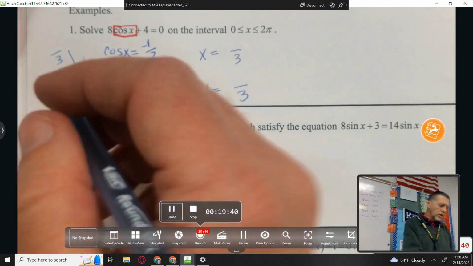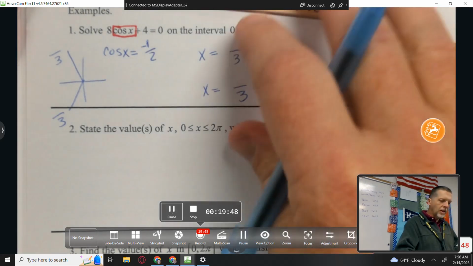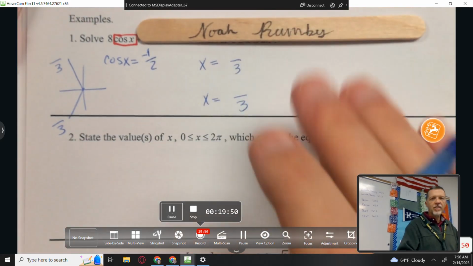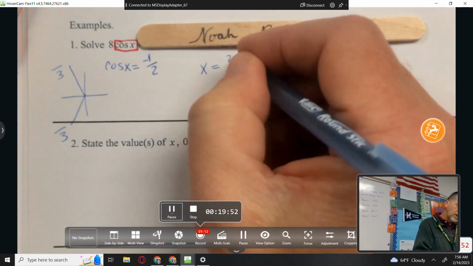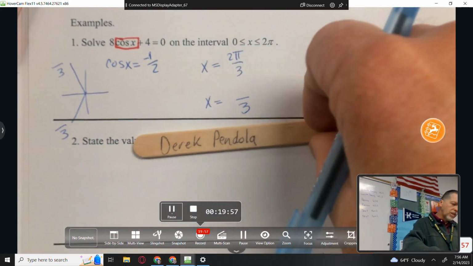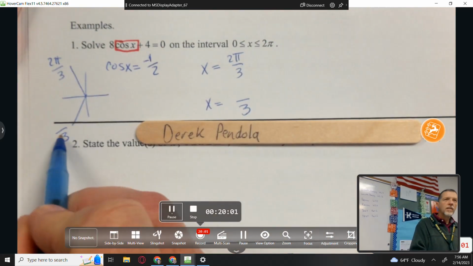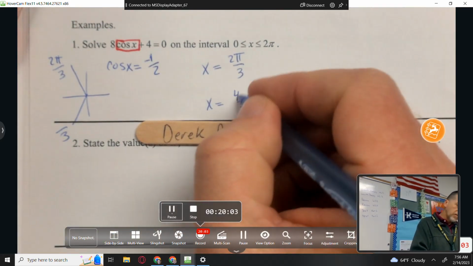So what's over 3 in the second quadrant? I'm calling on people here. Noah, what angle is over 3 in the second quadrant? 2 pi over 3. And Derek, what's over 3 in the third quadrant? 4 pi over 3.